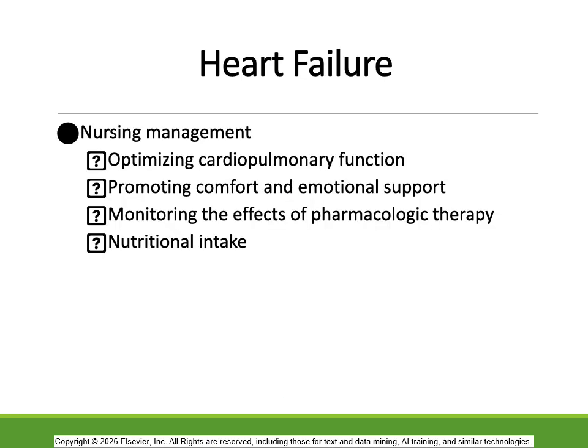All right, so nursing management. We're going to monitor the EKG or ECG for dysrhythmias, and get a 12-lead if there's anything changed. Look to see if there are any electrolyte imbalances or potential medication toxicity. Also, auscultate those breath sounds.